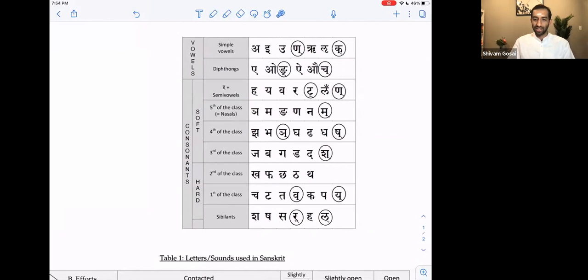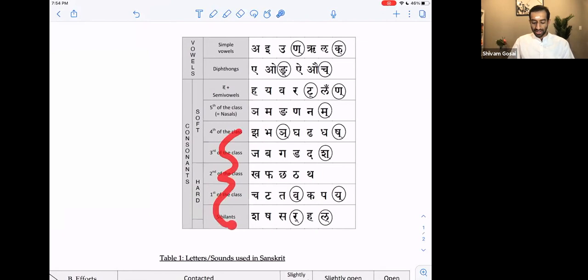So we define jal. You see, mahaprana jha is in the fourth of the class. Jha, lal, jal. So all of these letters are considered jal.